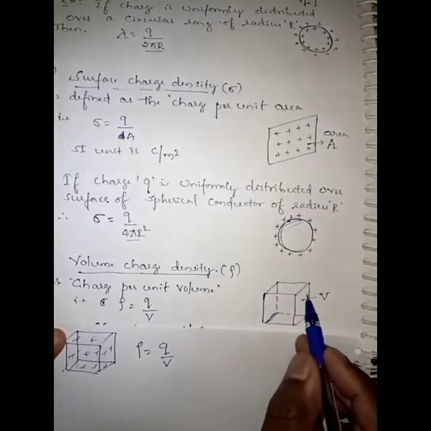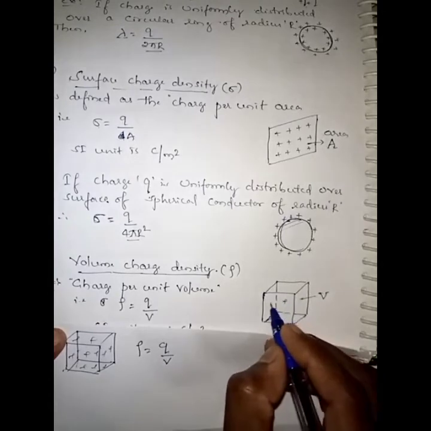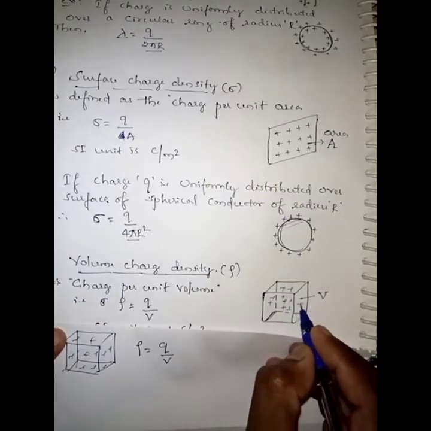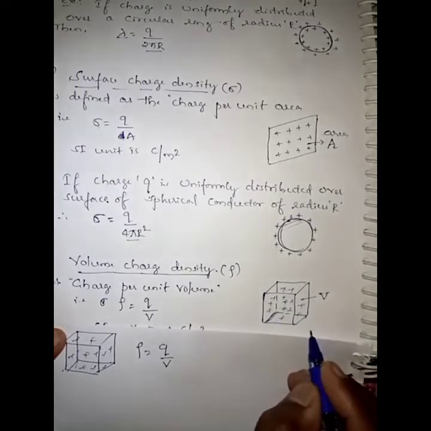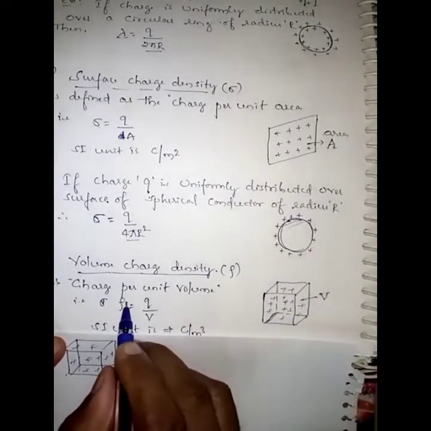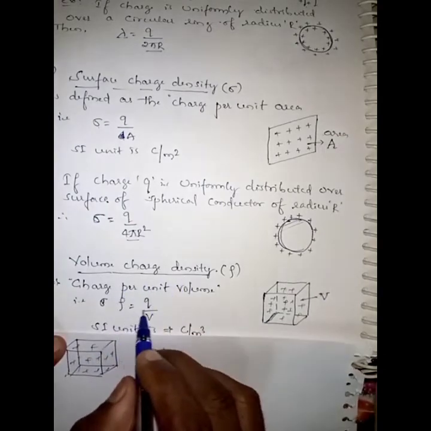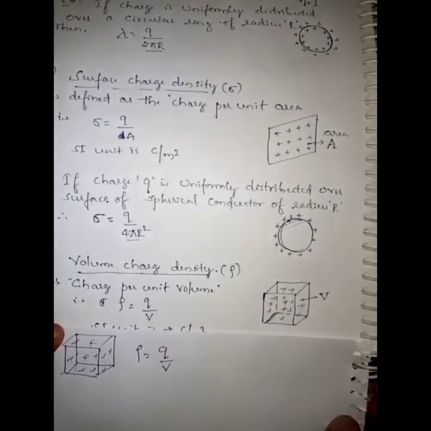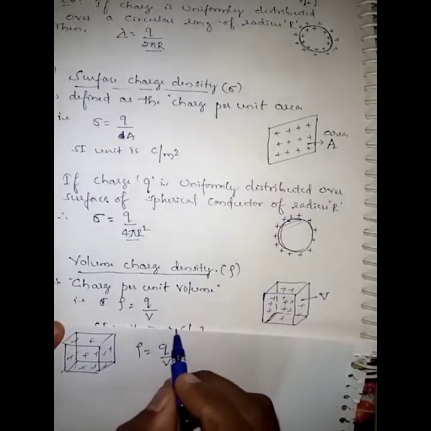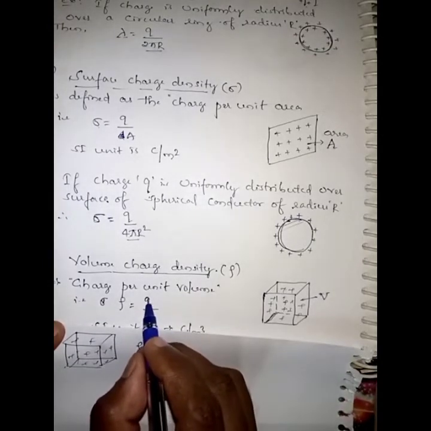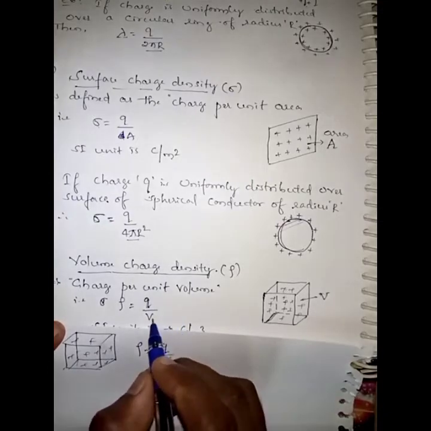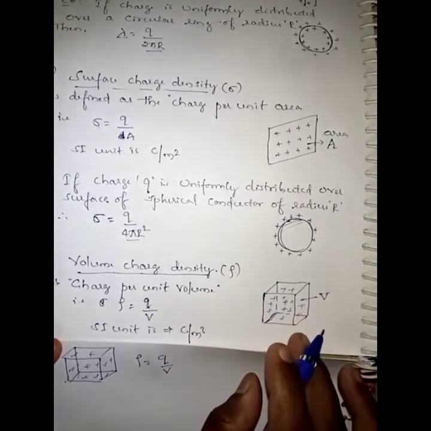The total charge is Q and its volume is V. Therefore, the volume charge density rho is equal to Q divided by V, and its SI unit is coulomb per meter cube, because charge has SI unit coulomb and V is meter cube.